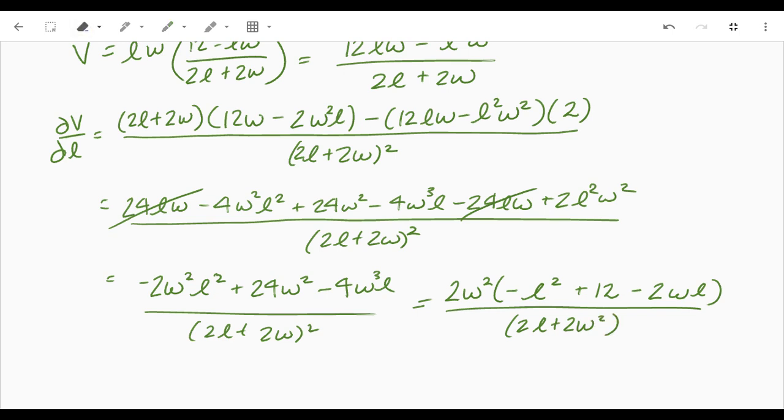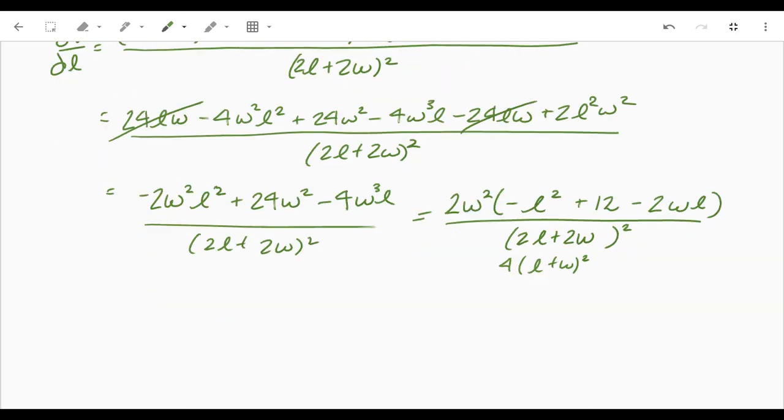And in fact, since the bottom is being squared, we could factor a 4 out of there, right? So this would be 4 times L plus W squared.